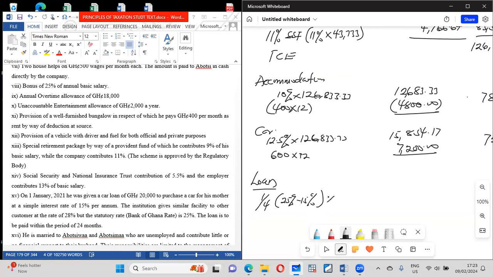Multiply by the 20,000. Multiply by 2 years. So how much would that be? The difference is 10%. So 0.10 by 20,000 for the 2 years gives me 1,000. Then if it is for 2 years, then 1 year will be what? 500. Is that not it?